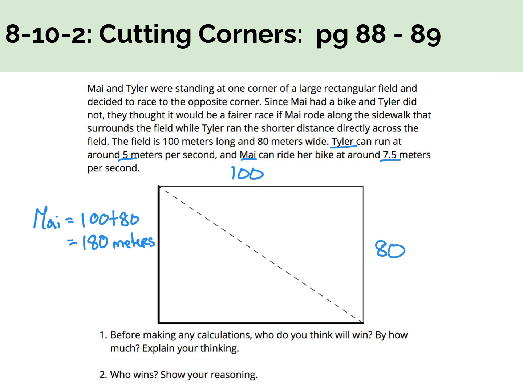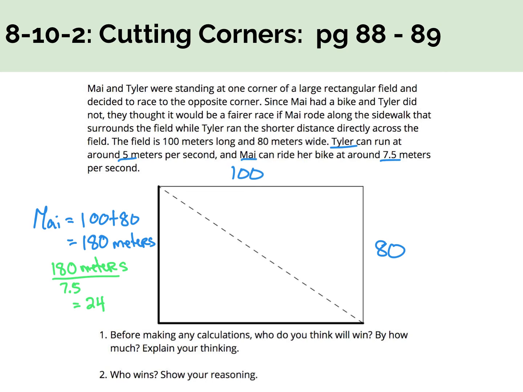We're going to take the 180 meters and divide it by how fast she rides, which is 7.5 meters per second, right? So we're going to say 180 divided by 7.5. What do we get? We're going to get 24, okay?